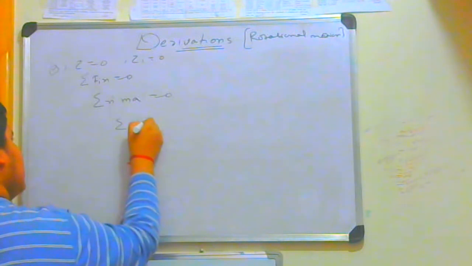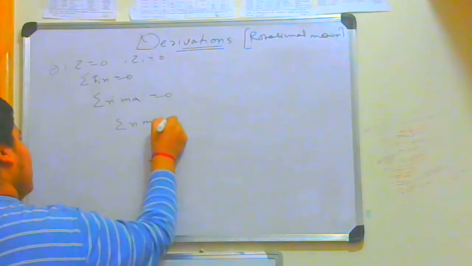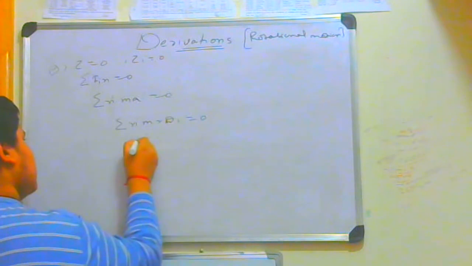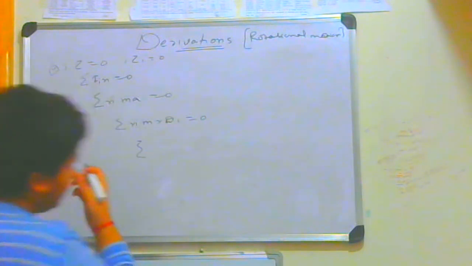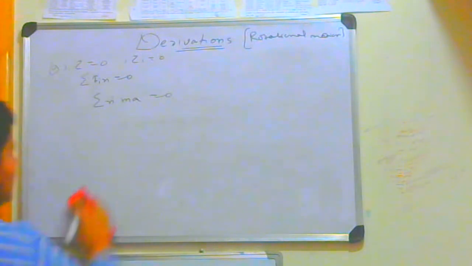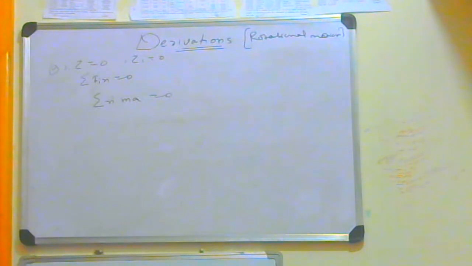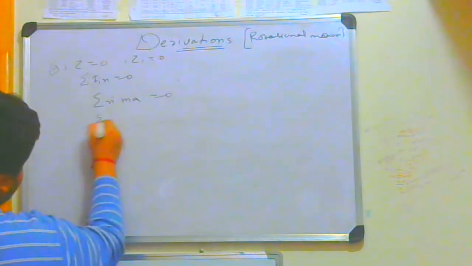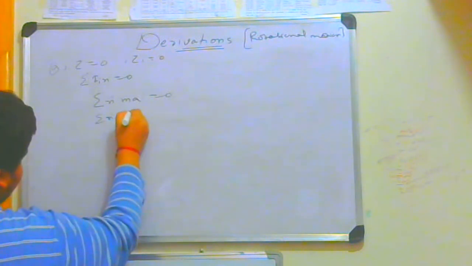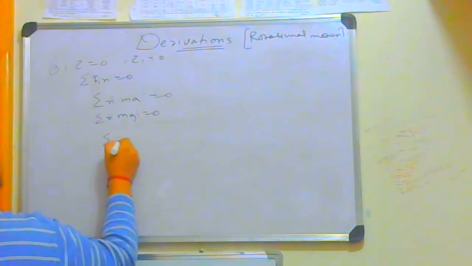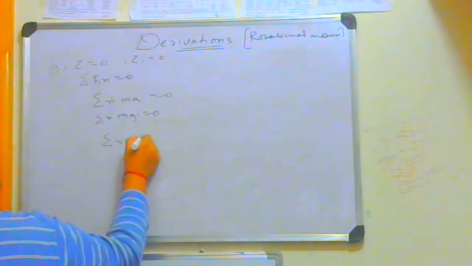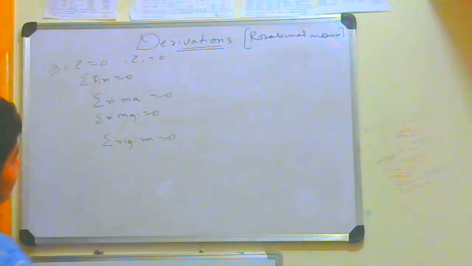Summation Ri Mi R omega i equals 0. ऐसा नहीं चाहिए. मिनिमम डिस्टर्ब यहाँ तक पहले कॉपी करो. So summation Ri Mi Gi equals 0. So summation Ri Gi Mi equals 0.